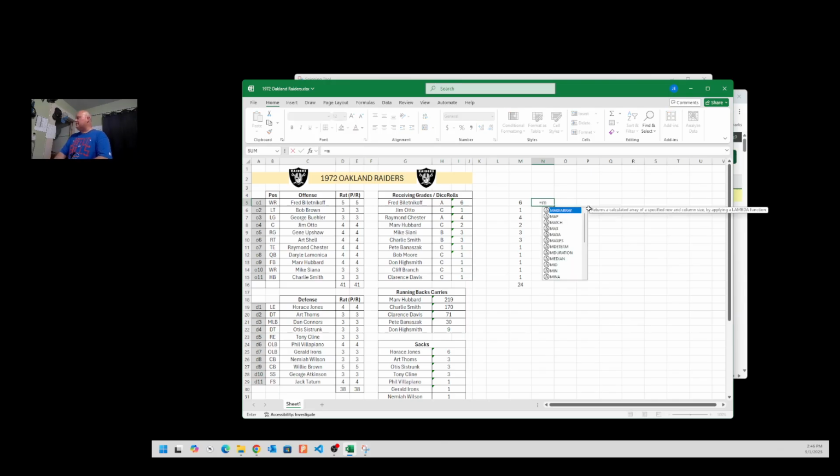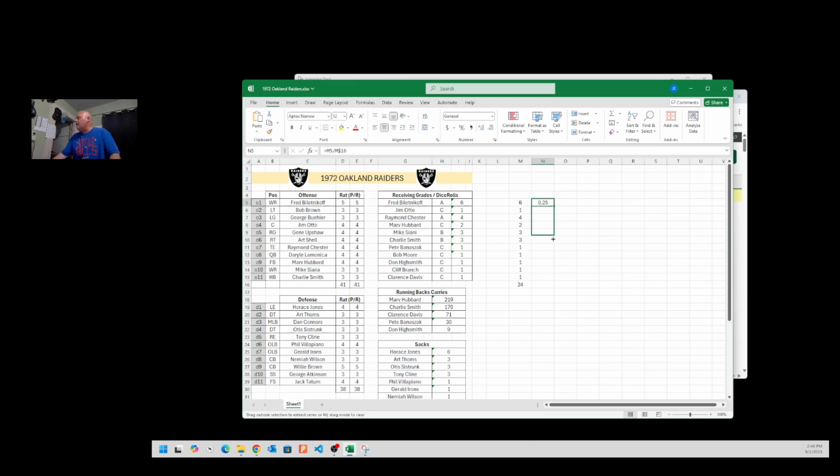Biletnikoff was a 6. So I'm going to divide M5 by N. I put a dollar sign 6. Not M. N. Dollar sign 16. There you go. And that's going to give me that Fred Biletnikoff, 6 out of 24, 25% of the time, he got targeted. So he was a 25% target guy, which is fantastic.